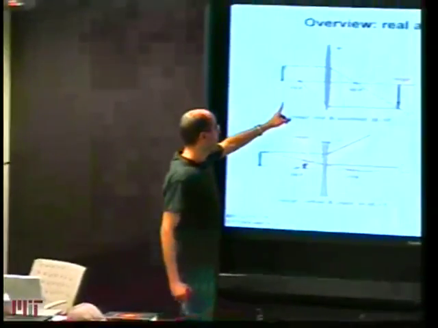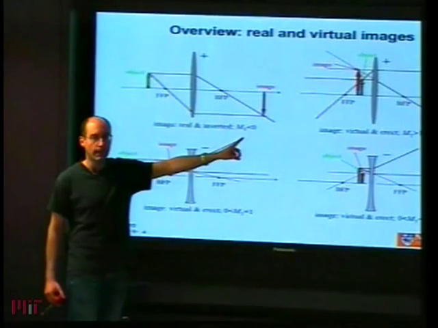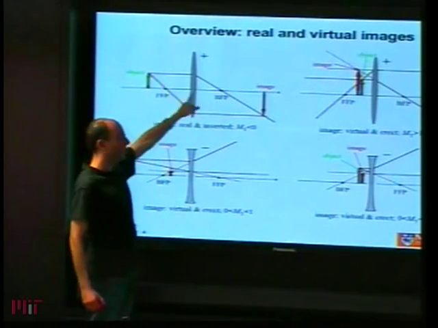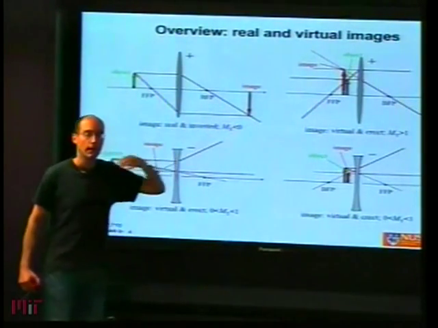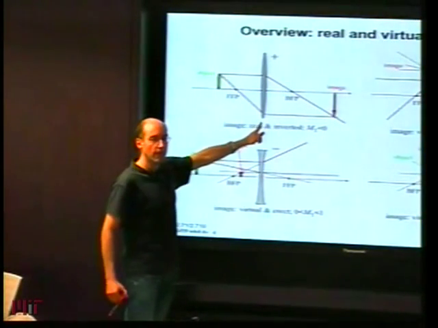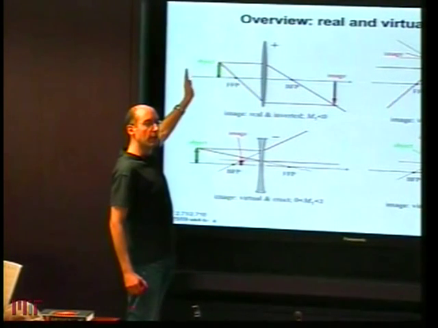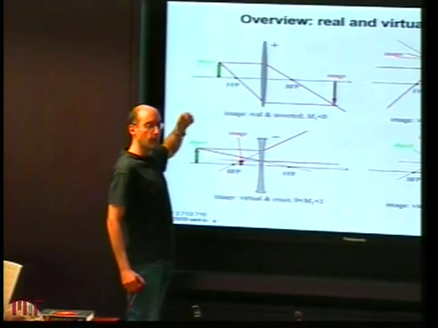Okay. So I don't want to dwell on this too much, but we already discussed this idea that pretty much the only case where you form a real image, that is the rays actually do meet at the image point, is when you have a positive lens and you place the object to the left of the front focal point of that lens.